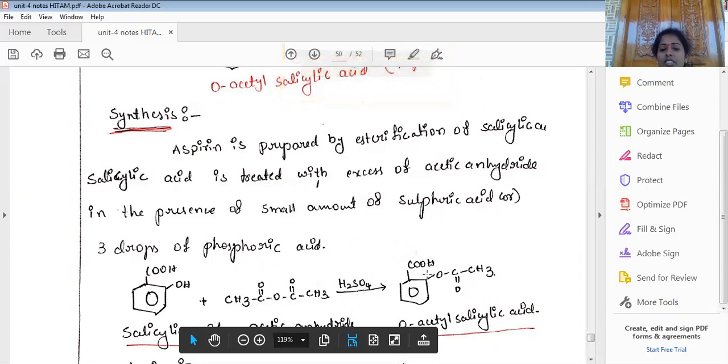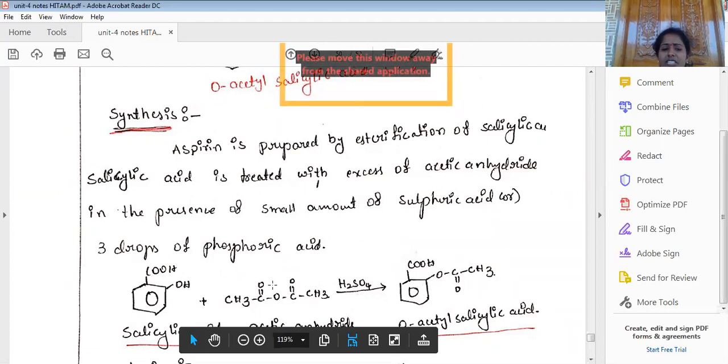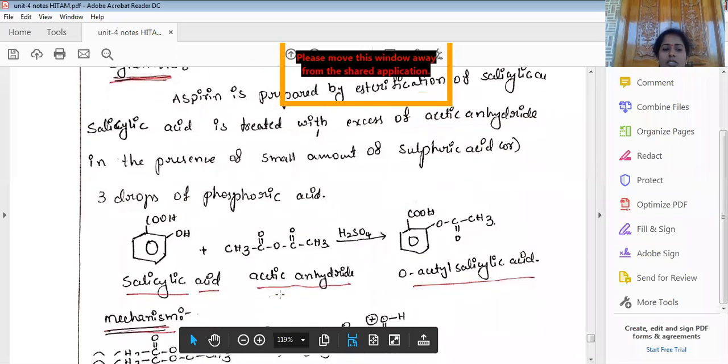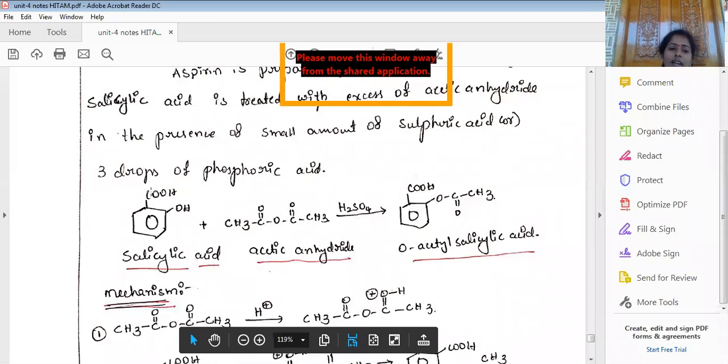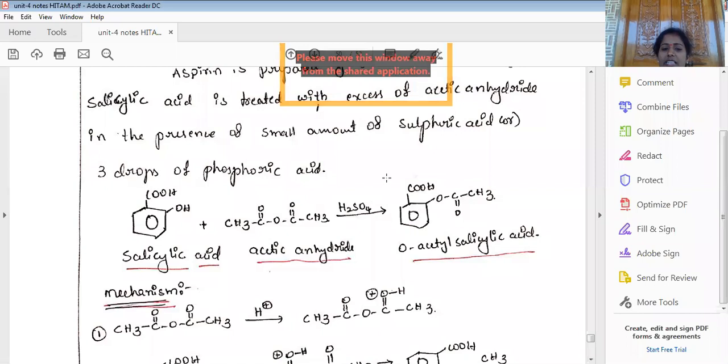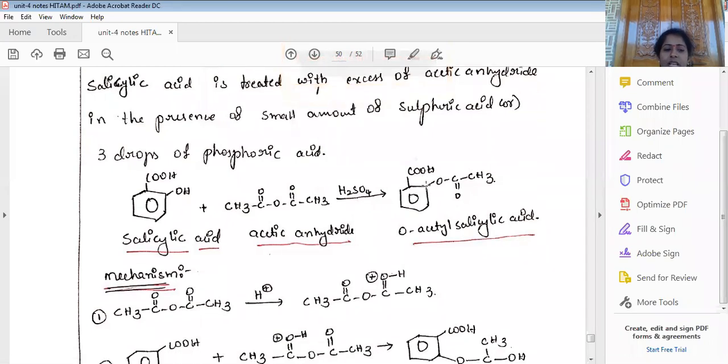The benzene ring has COOH and O C double bond O CH3 at the ortho position, and the byproduct is H attached to the remaining part, CH3C double bond O OH, which is acetic acid. This ortho-hydroxybenzoic acid is called salicylic acid, and the reagent added is acetic anhydride. In the presence of sulfuric acid as acid catalyst, the final product will be O-acetyl salicylic acid, which is called aspirin.